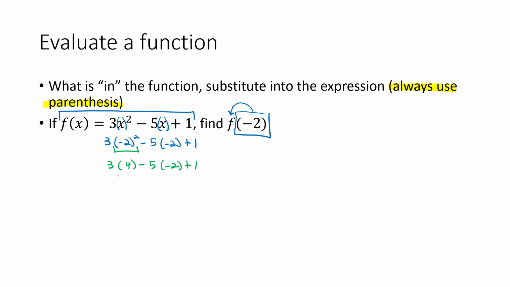Next, we do our multiplication. 3 times 4 is 12. -5 times -2 is 10, plus 1. So when we add it all together, we get 23. So we could say f of -2 is equal to 23. So what is in the function just simply means plug it into the expression.